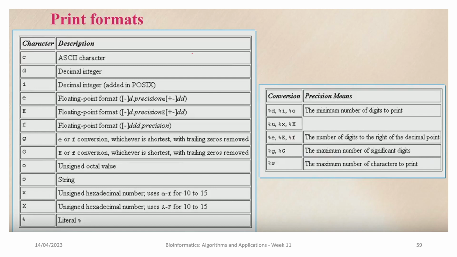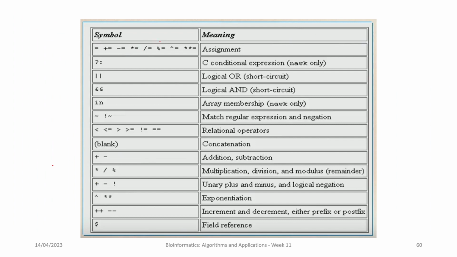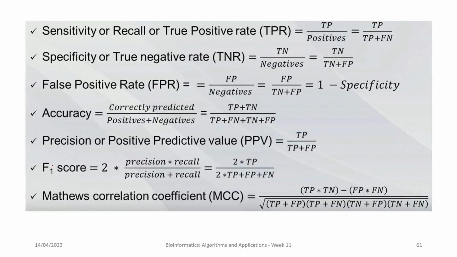So you know D is for decimal, F is for floating point, S is for string. Thank you, Usman. And again, what symbols are used for what? So you can share this and use this.